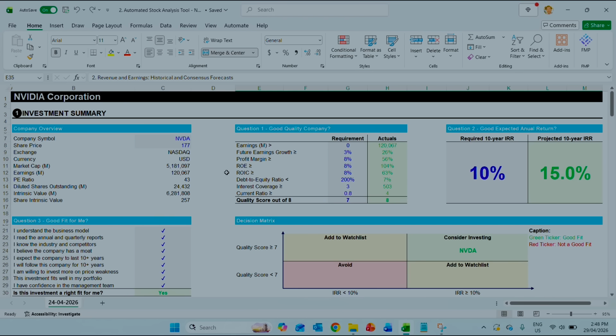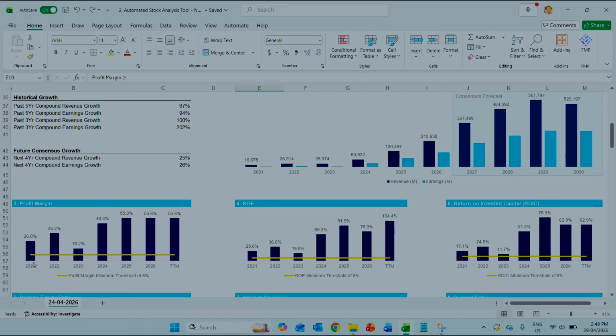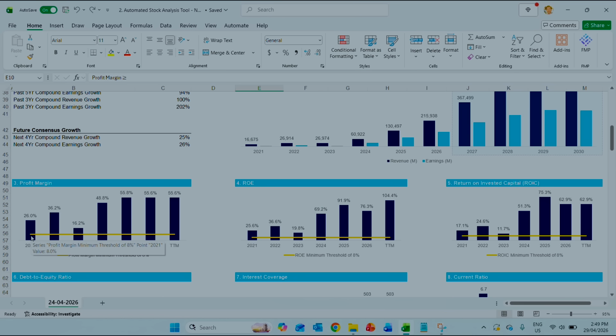Profit margin. Here, that was more the profit margin, the TTM, trailing 12 months. But it's very good to see how it evolves over time. So here we can actually see that it has improved. We were at 26% in 2021, and in 2026 we're at 55%. Okay.